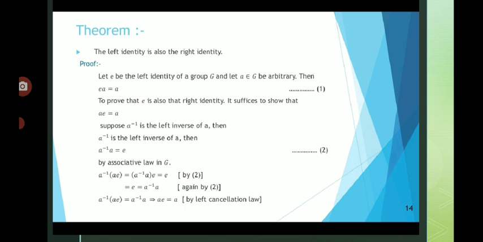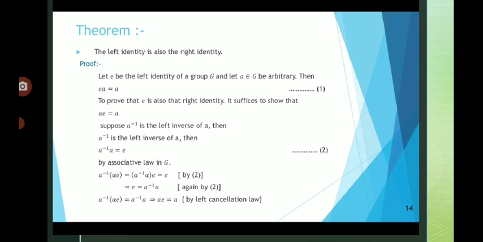By using the associative property law, A inverse into AE is A inverse into A into E. By using the left inverse property, A inverse into A is E. So E into E is E. Finally, that is E. Again using the left inverse property, E can be written as A inverse into A. Here A inverse into AE is equal to A inverse into A. Here the left cancellation law is used, then AE is equal to A. This is the property for the right identity.